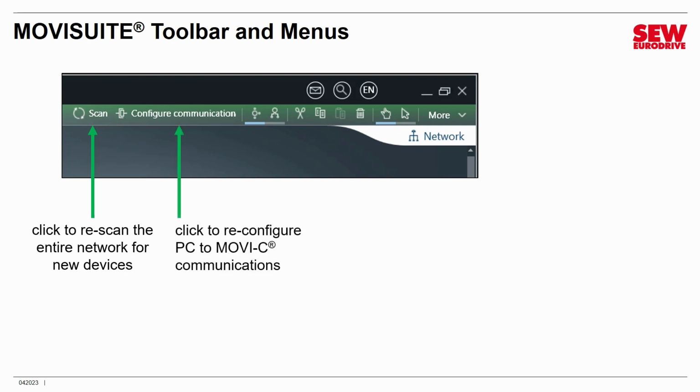Configure Communications lets you configure how you're trying to access the MOVI-C devices. This is where you choose between Ethernet, EtherCAT, USB, various other tools. You have two visualization choices here. They are called Tree View and Circle View. It's just two different ways of presenting the information that displays on the screen. People have their preferences.